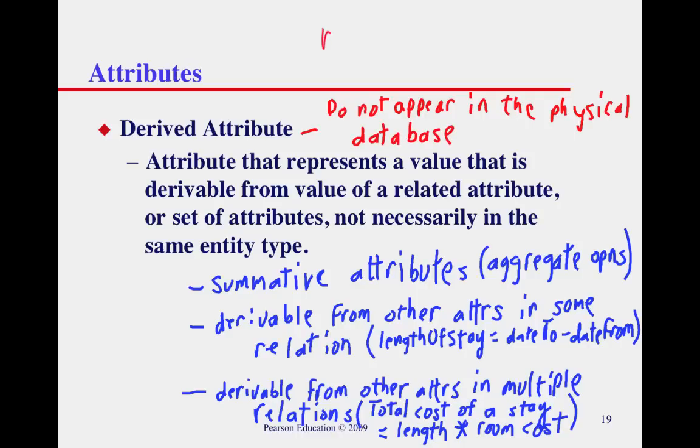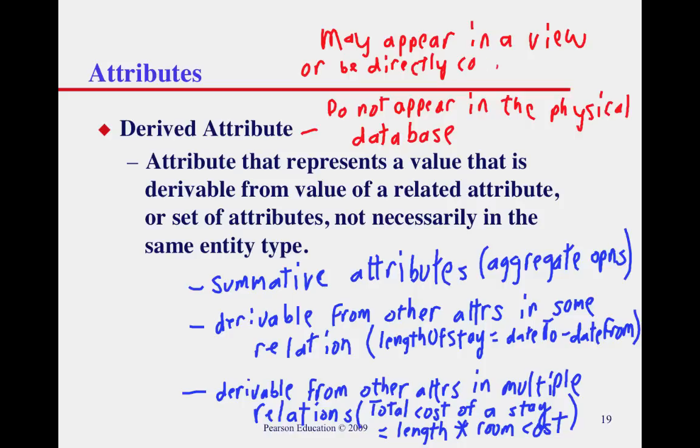They may appear in a view, or be directly computed in a report, which is a query. So directly computed in a query. So derived attributes do not appear in the physical database; they may appear in a view or be directly computed in a query.